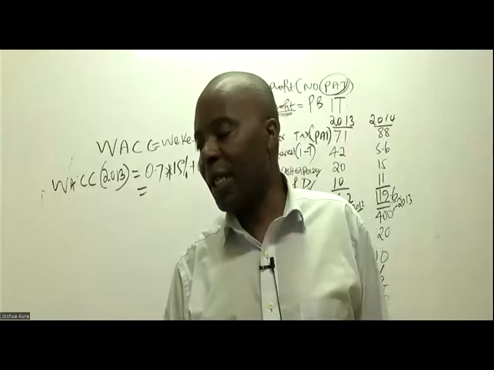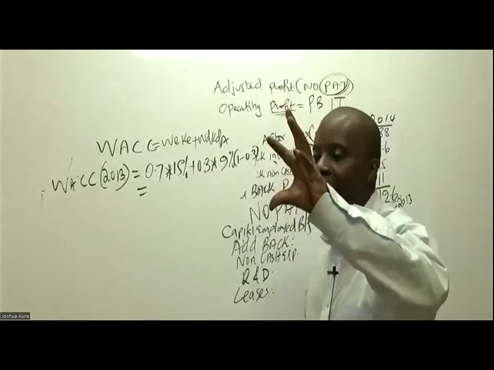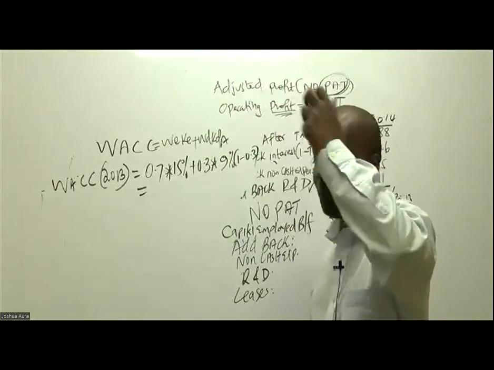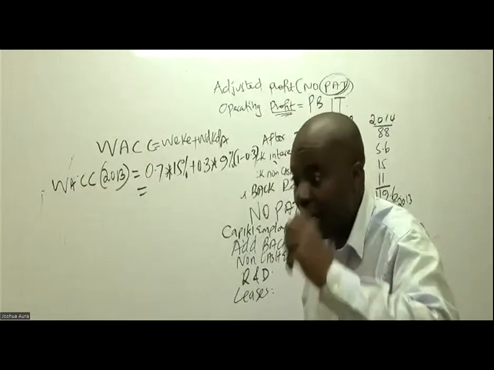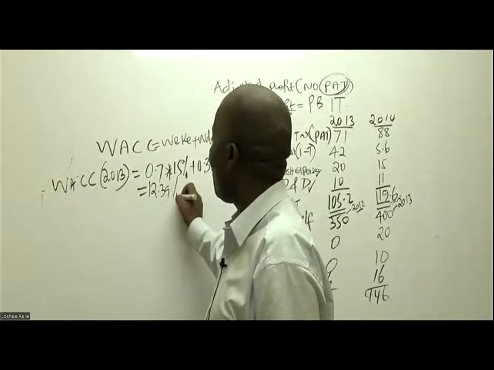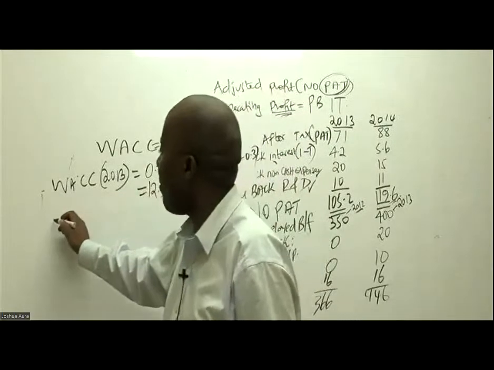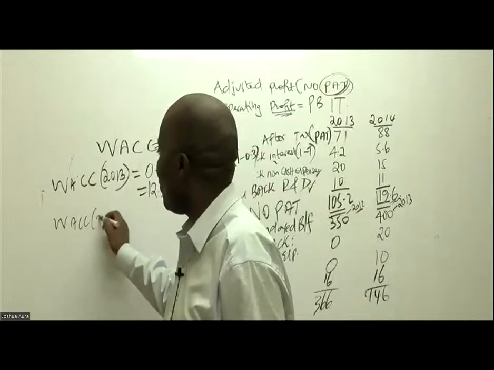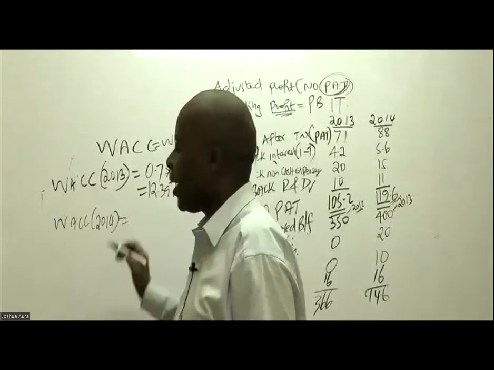So you take 9% and multiply it with 1 minus taxation. And then you should be able to give us an answer like Helen Hamala has given us: 12.39%. On the same breath, give us the WACC for 2014.